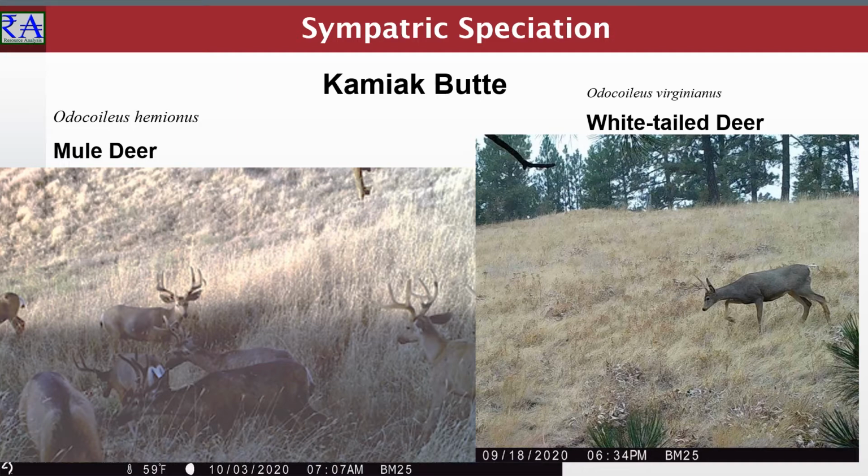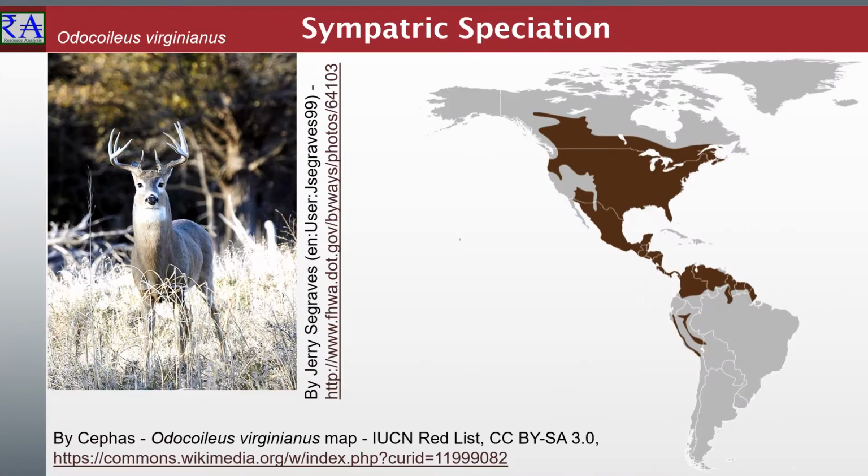In North America, the white-tailed deer species are widely distributed east of the Rocky Mountains, as well as in southwestern Arizona and most of Mexico, aside from Lower California.